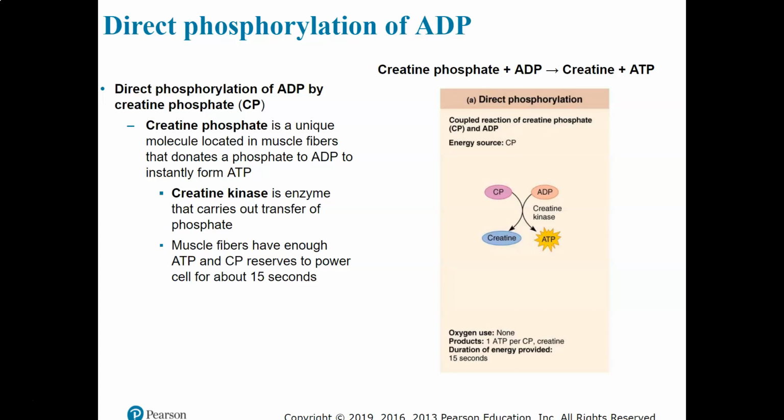If we add an extra phosphate to it, it becomes adenosine triphosphate, adenosine with 3 phosphates, aka ATP. So we have an enzyme called creatine kinase that's able to directly pull a phosphate off of creatine phosphate and put it onto ADP in order to make creatine and ATP.